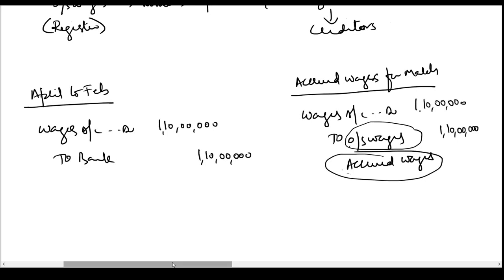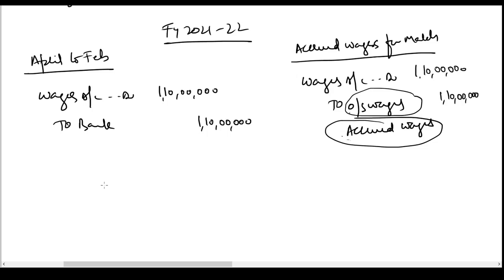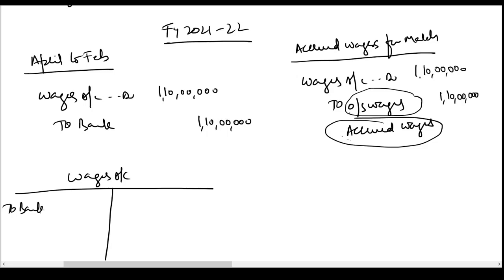Now, these are the entries we pass in FY 2021-22. So if I prepare my accounts now, if I prepare the wages account ledger, there will be two entries: to bank 1 crore 10 lakh and to outstanding wages or to accrued wages 10 lakh rupees.